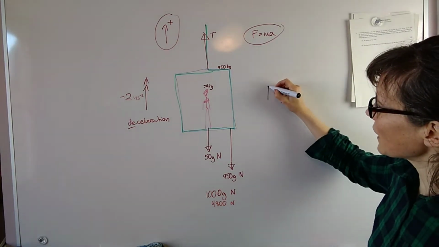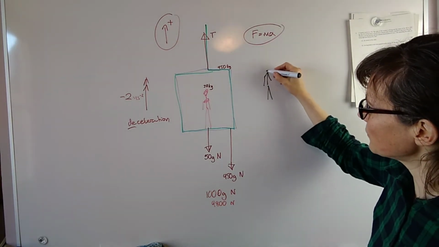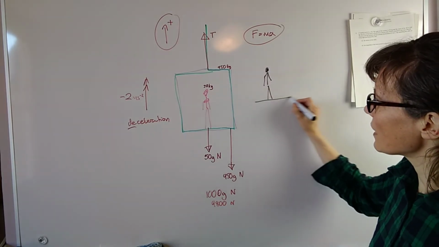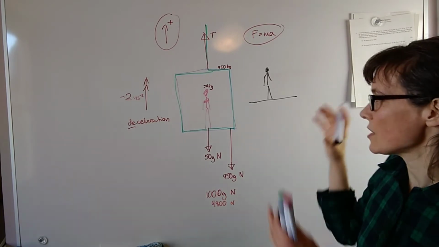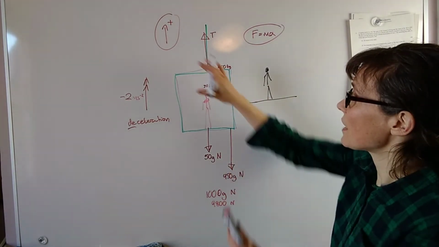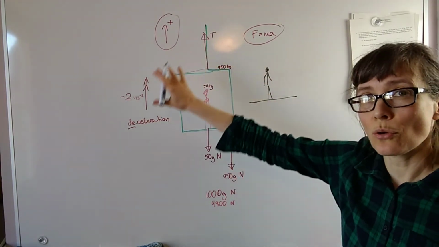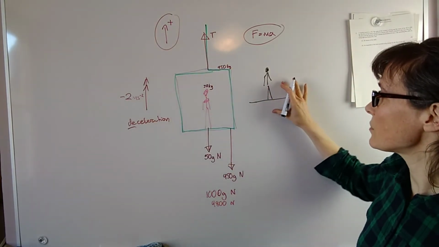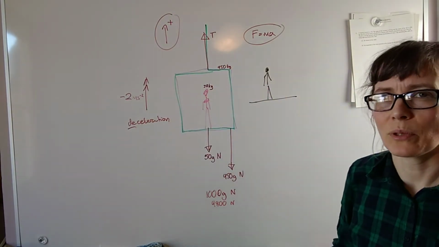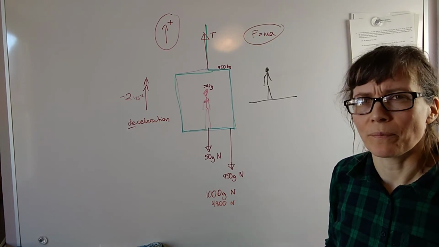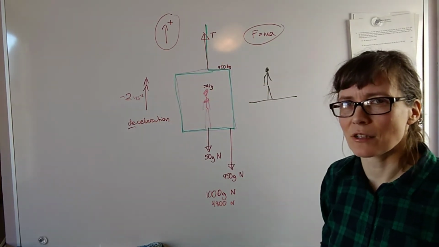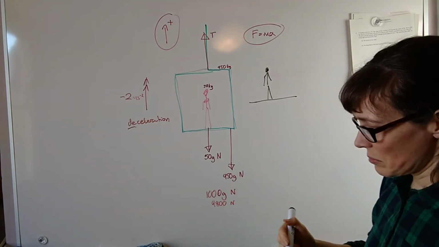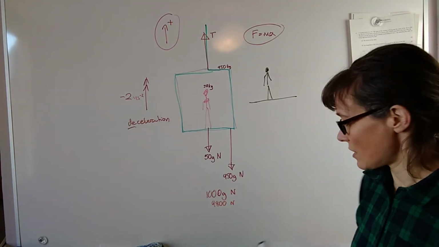Here we're just looking at the person and what's going on for them, and they're on this lift floor. So I'm going to kind of get my magnifying glass out. I'm going to try and ignore all this T business, and I'm just looking at what's going on between the floor and the woman. That might seem a bit odd because this does still exist, this tension and all this stuff. But let's just see what's happening during their interaction.